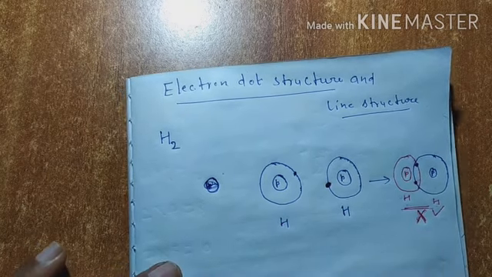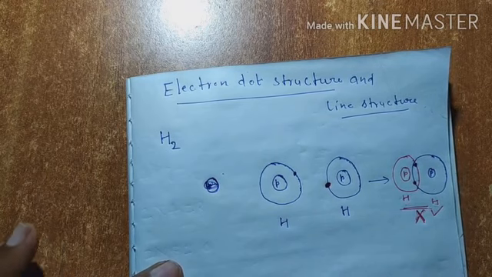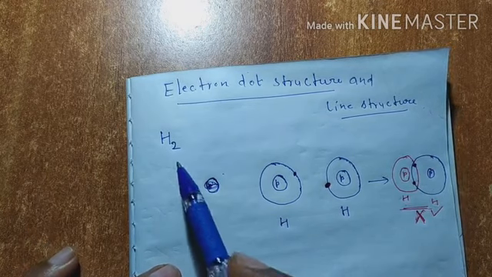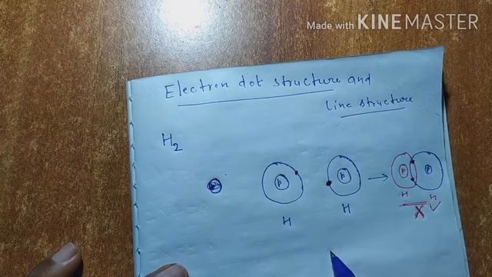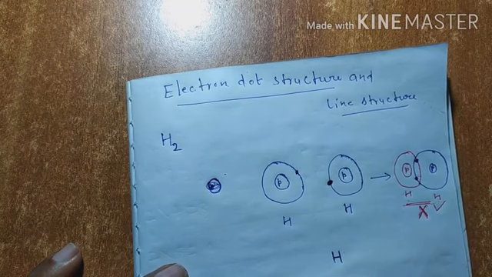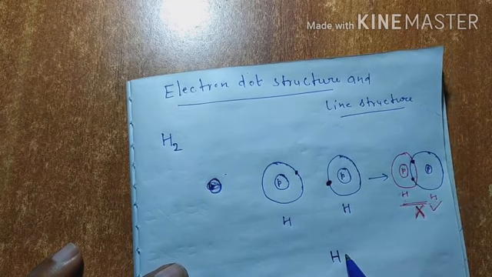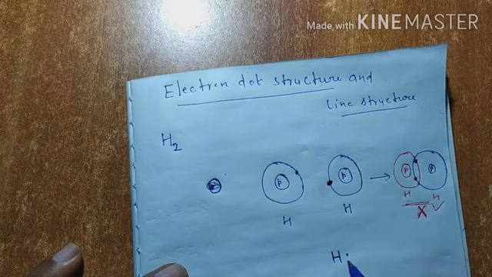There are 2 hydrogens, so write hydrogen here. This you have to prefer in the exam. In the outermost orbit there is 1 electron, so I put a dot here.